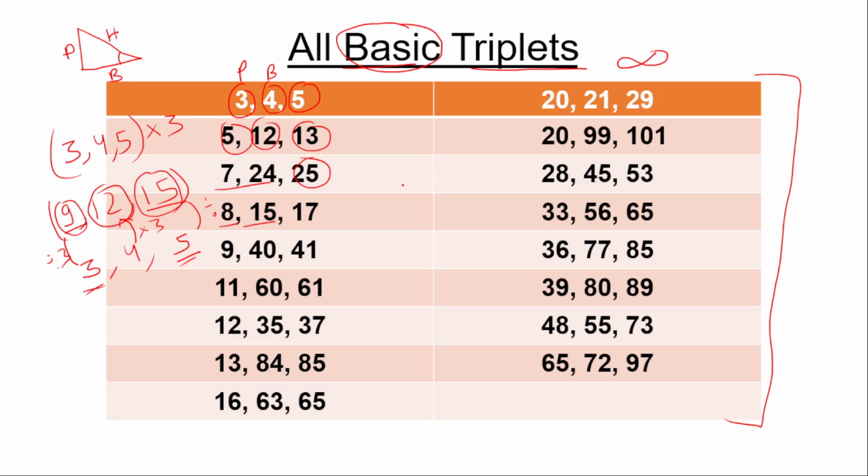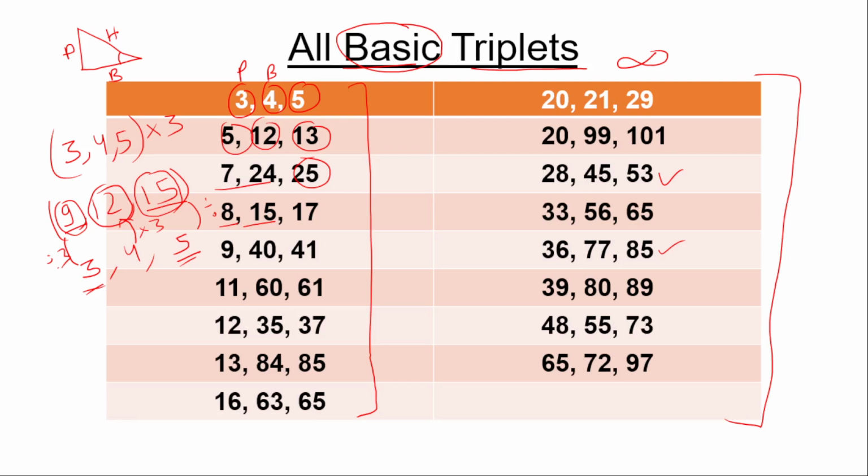So earlier only these easy triplets were being asked, but for the last 2-3 years, big triplets like 28, 45, 53 and 36, 77, 85 are also being asked.